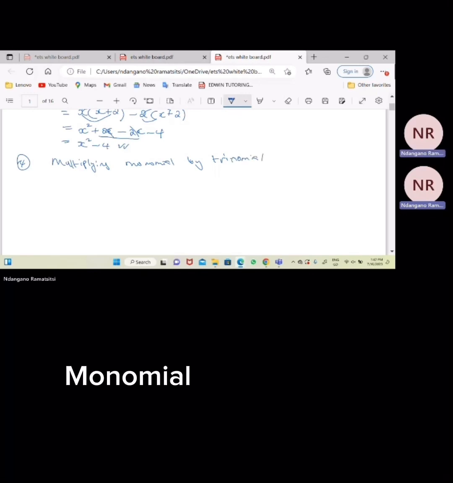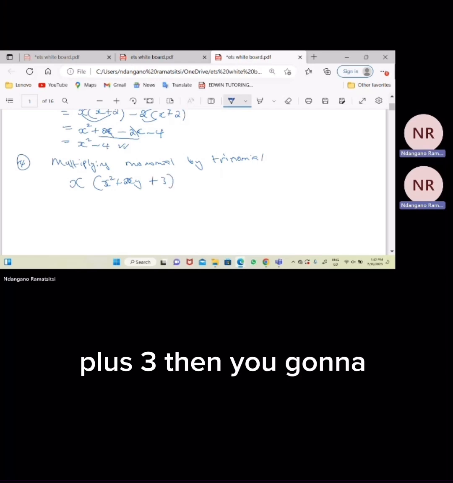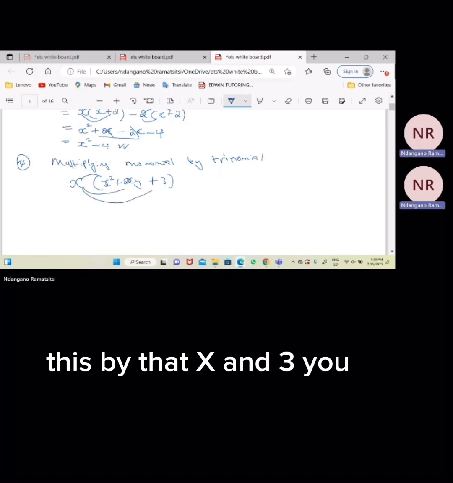Okay, monomial times trinomial, which is x times (x squared plus 2xy plus 3). Then you're going to multiply x by this, by this, and by that, x and 3. You get it, right?